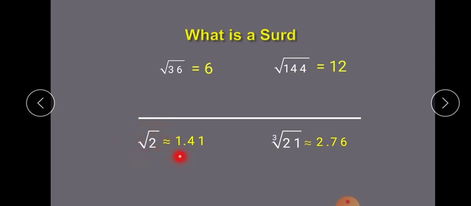So its value is 1.414 and so on. It is a non-terminating decimal number as well as non-repeating.